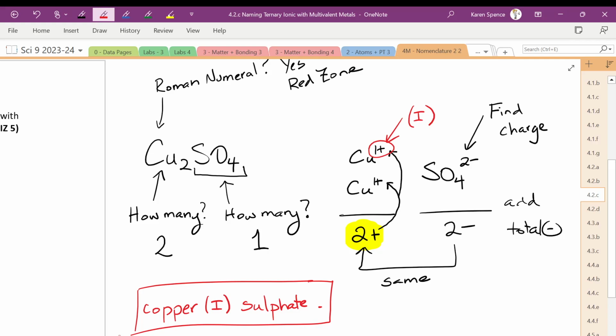So this is good. Now this one, how did you figure out that one? So sulfur, you saw sulfur, so you've got S. How many S's do you have? One. It's a monatomic ion, not a polyatomic ion, so you have 3.